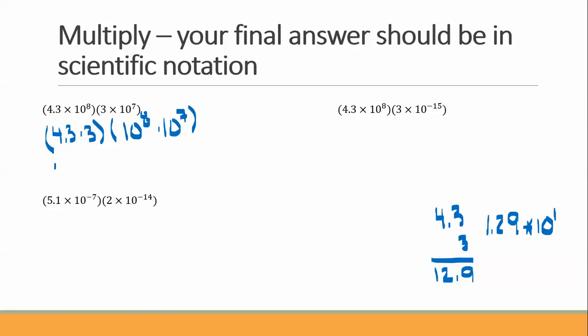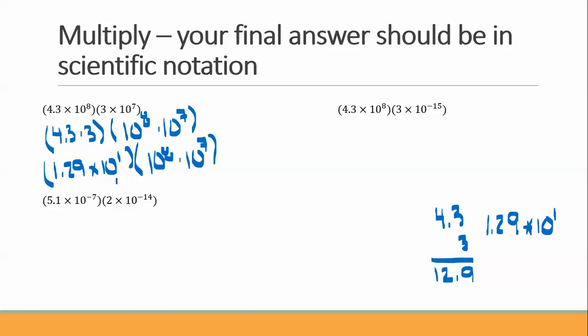So now we did 4.3 times 3, and we found out that was 1.29 times 10 to the first, and we're multiplying that times 10 to the 8th times 10 to the 7th.